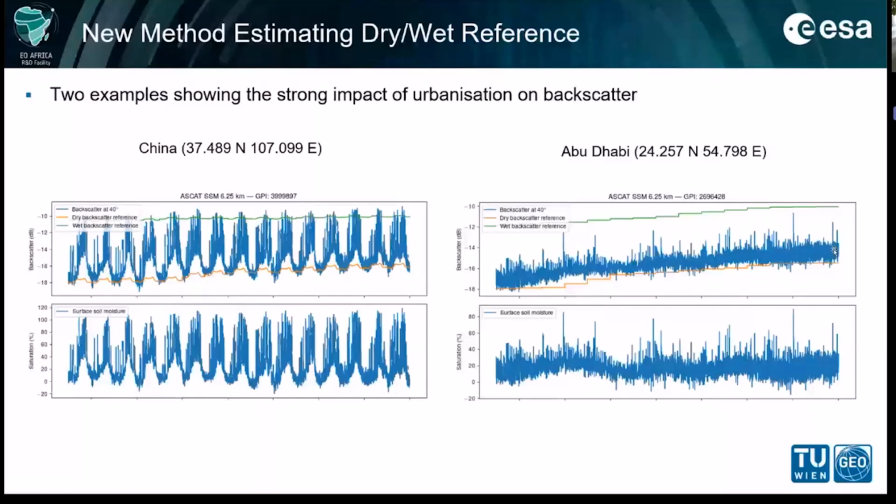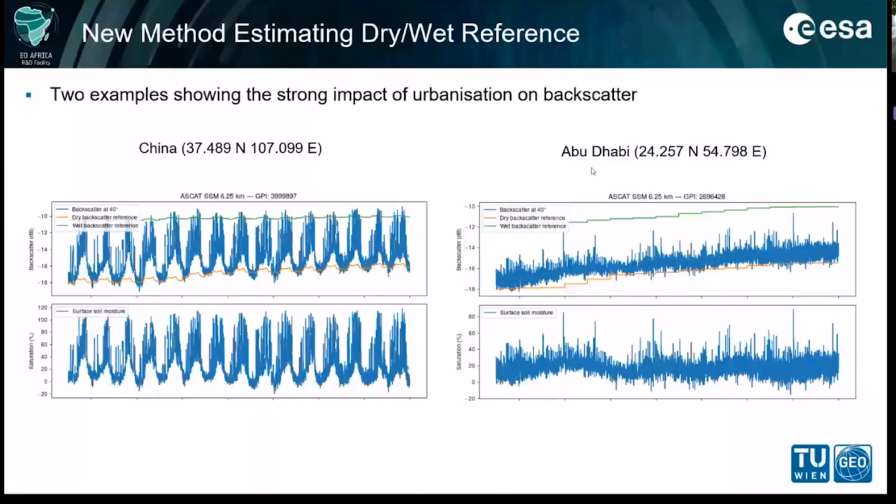Obviously it didn't get wetter in the area, we just saw that there are more buildings, so we had to adapt our algorithms in such a way that the model parameterization more dynamically reflects those land cover changes, so that in the end we at least reduce this long-term trend very much.